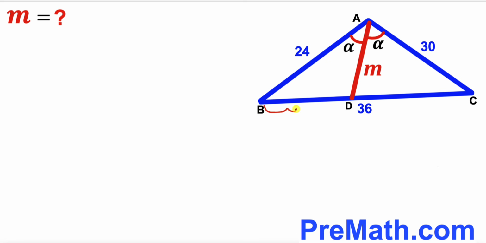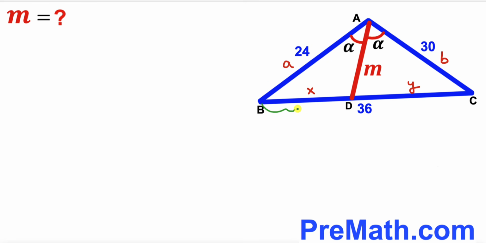I'm going to label this segment as x, and this other segment CD as y. And likewise, I'm going to label this side AB length as lowercase a, and this side AC length as lowercase b.